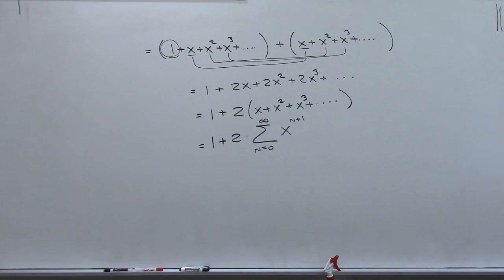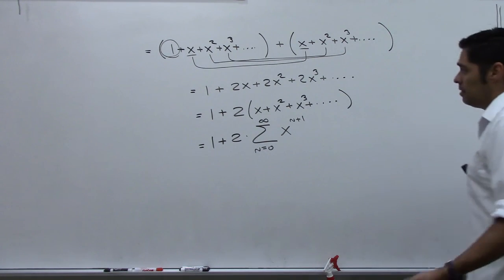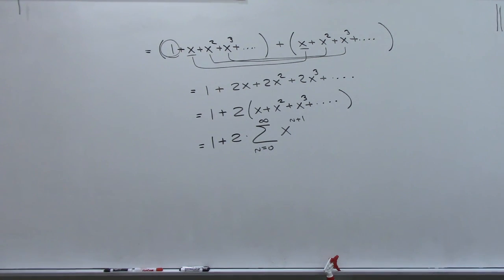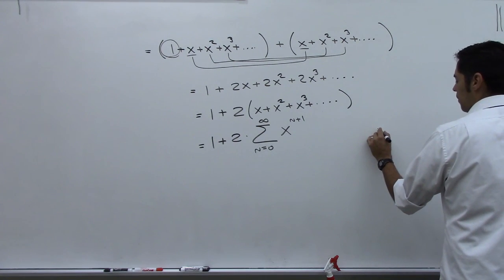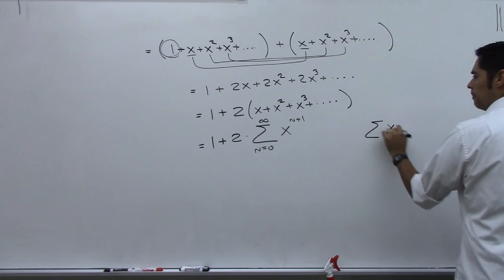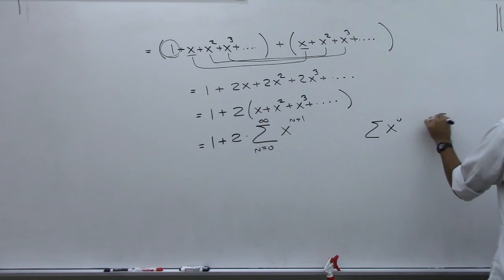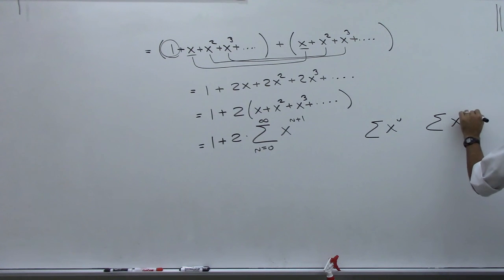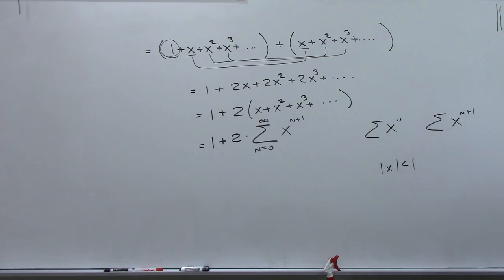So it's 1 plus this infinite series. Now, still have the question of what's the interval of convergence. Well, we had 2 sums. Both of the sums we had earlier when we started were this, right? We had that, and then the other one was, so we needed the absolute value of x to be less than 1. So you know what the interval of convergence is there.